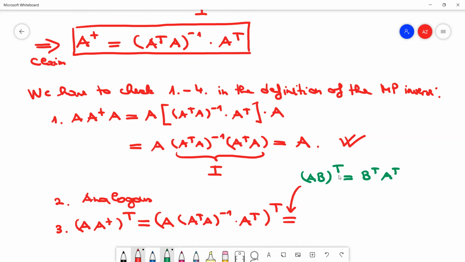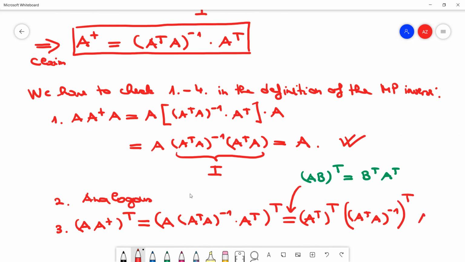It's the same as inverting. So if we invert the product of invertible matrices, then we have the product of the inverses in the other direction. So we use this here and get that. So first we have this A transpose transpose. Then we have this (A transpose A) inverse and everything transposed.